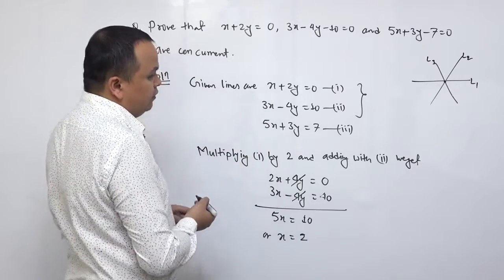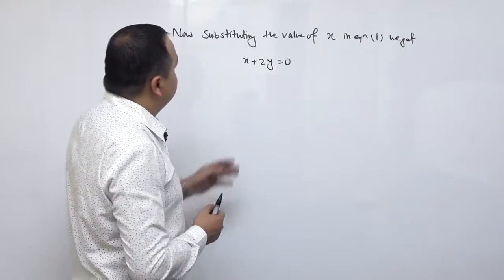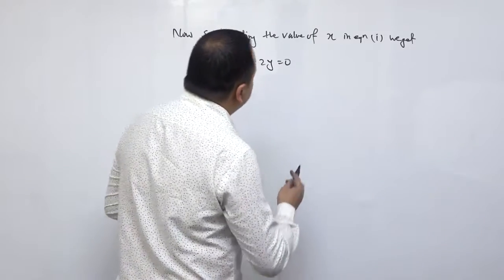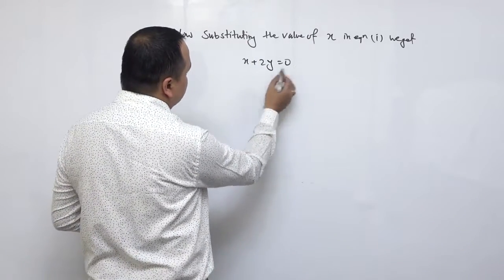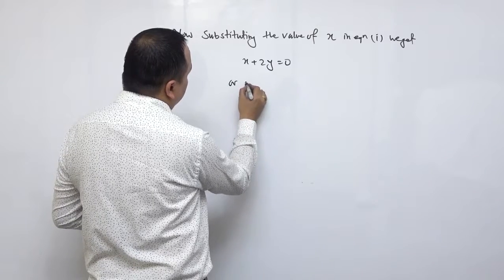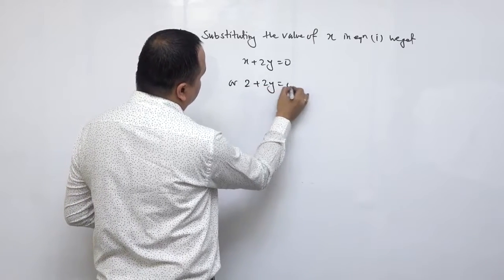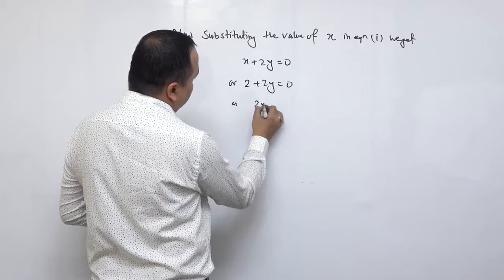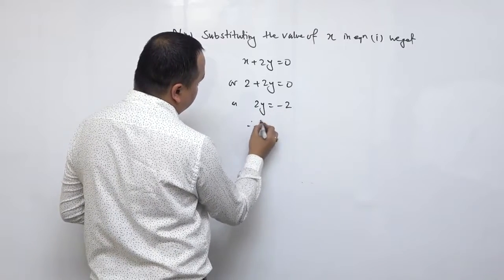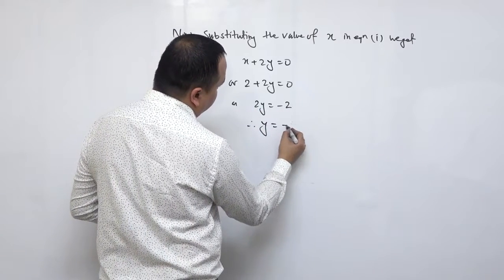So x is equal to 10 divided by 5, 2. Now substituting the value of x in equation I, we get x plus 2y is equal to 0, or 2 plus 2y is equal to 0, or 2y is equal to minus 2, therefore y is equal to minus 1.